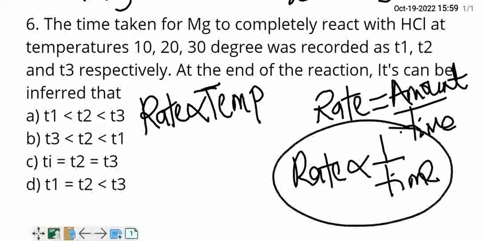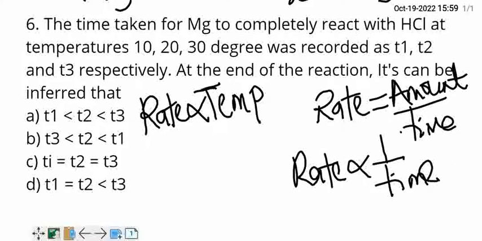Rate is inverse to time means what? The higher the rate of reaction, the less time. A higher rate of reaction means the reaction was completed in less time. So looking at 10, 20 and 30 degrees Celsius, the one with the highest rate of reaction is 30 degrees Celsius, which will have the lowest time.